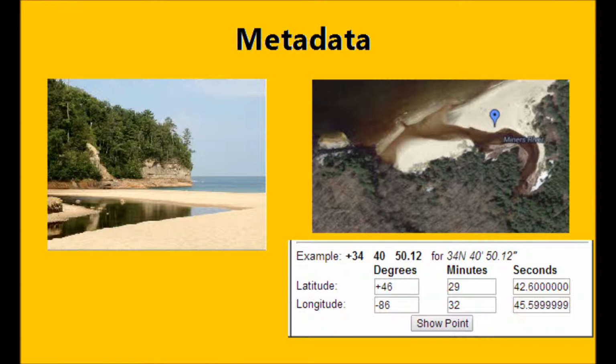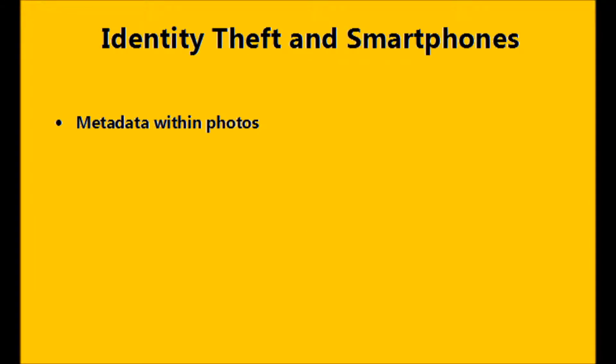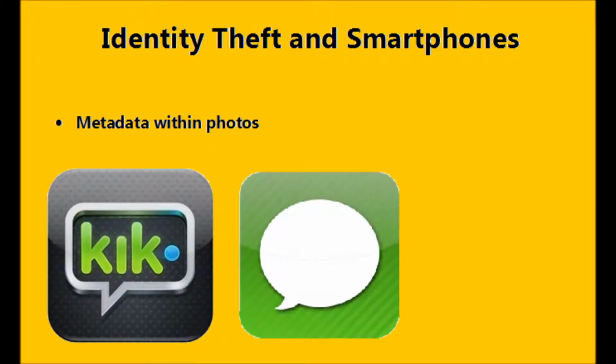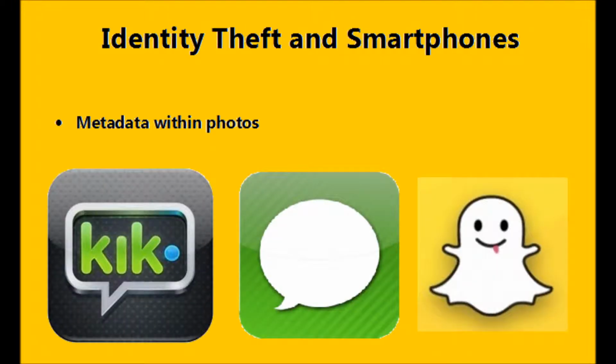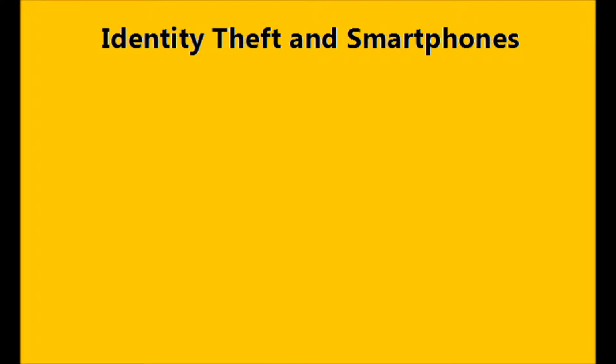I would like to point out that smartphones typically store more metadata on photos than other devices. Now, since there is metadata within photos, it can be transferred within Kik, SMS, and Snapchat. Although smartphones have data erase tools built in, they do not securely wipe the data from memory.